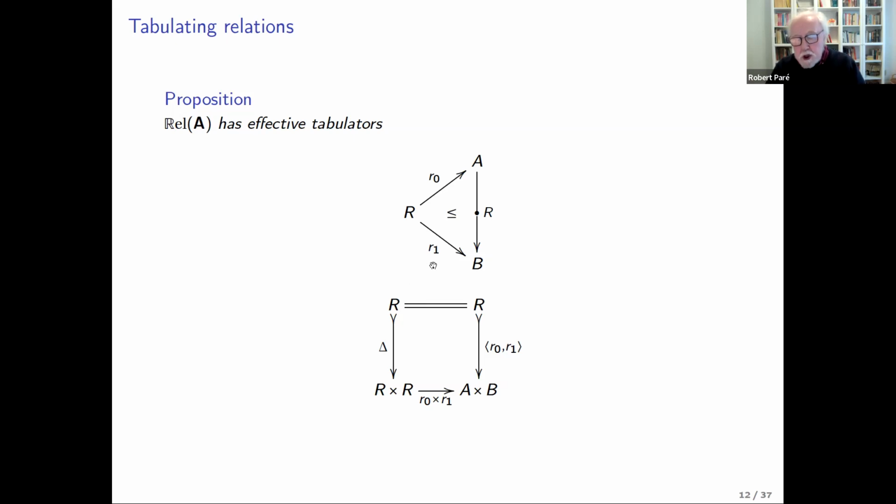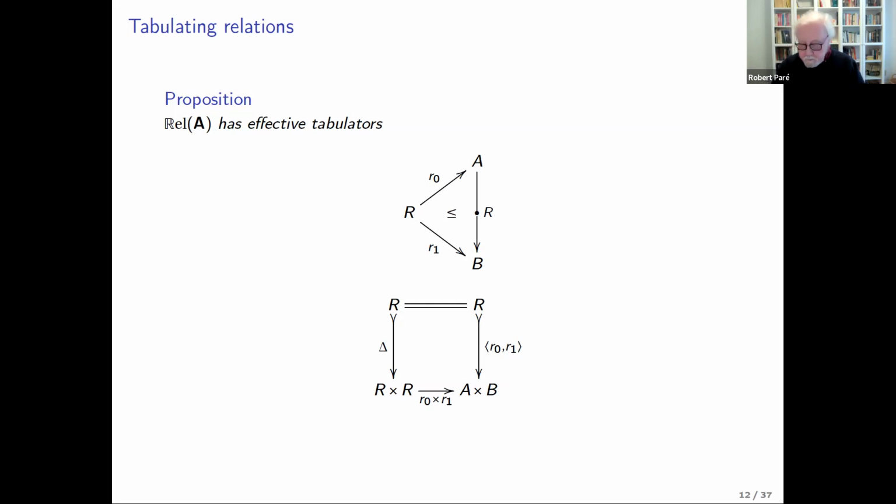Every relation is a composite of the inverse, he said, of a function followed by a function. So I would say the conjoint of R0 followed by the companion of R1.